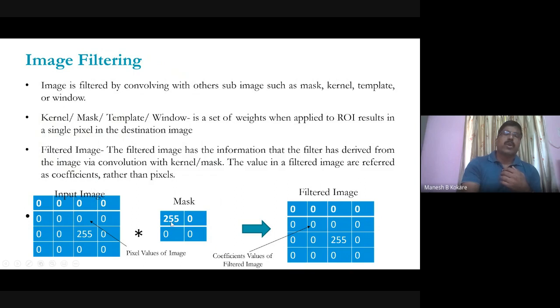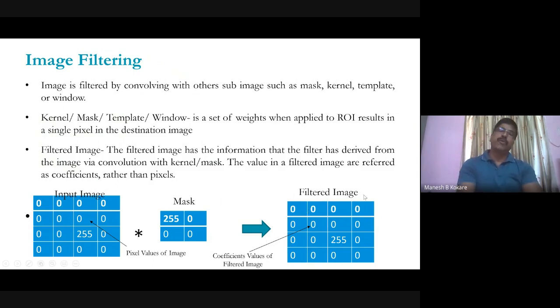So what do we do? We move this mask from left to right, and then from top to bottom, and when you do this operation, that is the convolution operation, you get the resultant image, that is the filtered image.